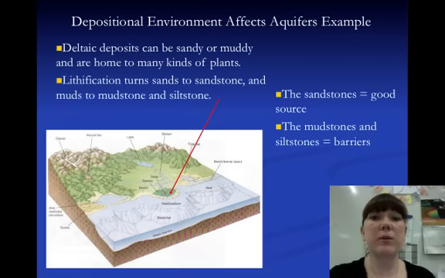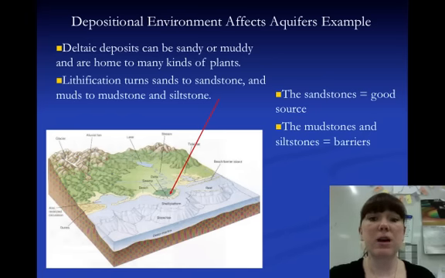The depositional environment can affect aquifers themselves. Deltaic deposits are deposits that are deposited at a delta, or at the mouth of a river entering the ocean. And these typically tend to be sandy or muddy and have lots of plants there. And so when they get buried very deeply and compacted and form into rock, they typically turn into sandstone or mudstone or siltstone.